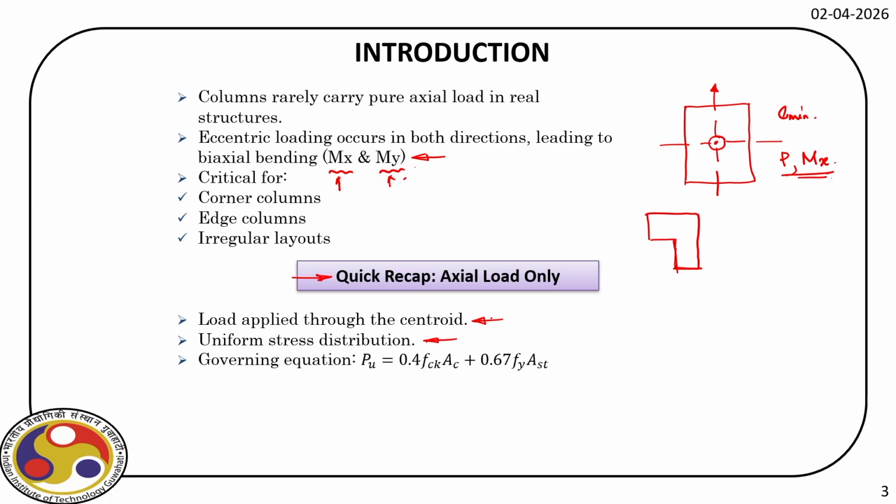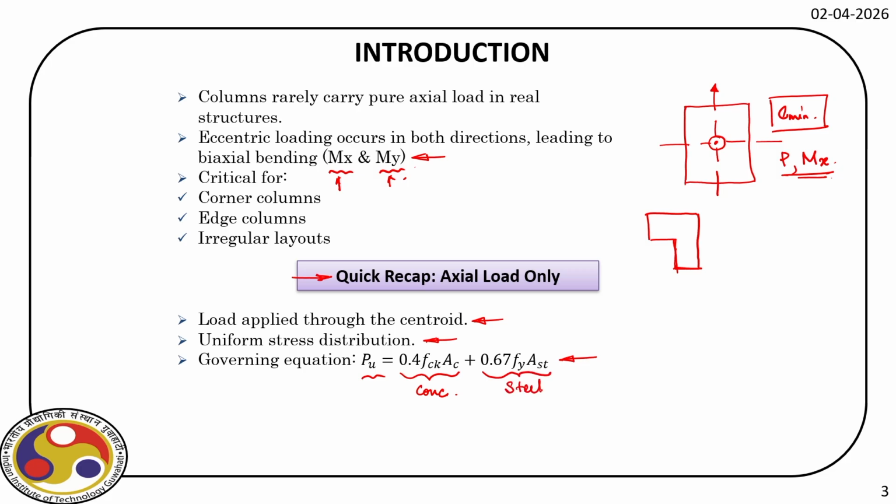Of course, we consider minimum eccentricity, and we also studied earlier the guidelines for the minimum eccentricity. Now, the governing equation for this case, where Pu is the sectional capacity, is given by this expression, where on the right hand side, the first part is the contribution from the concrete, and the second part is the contribution of the steel.